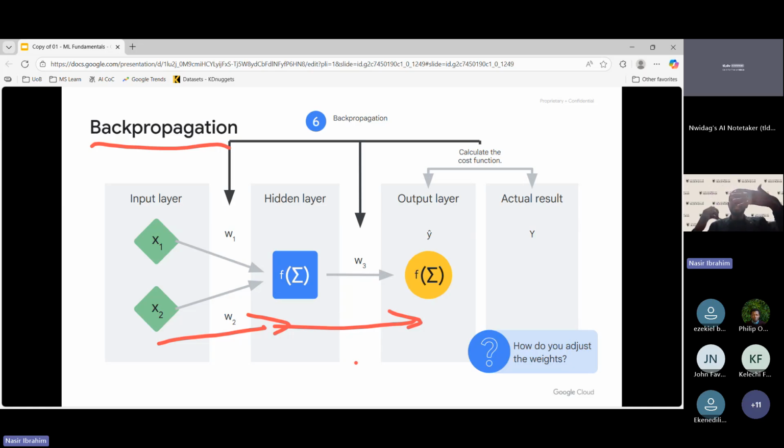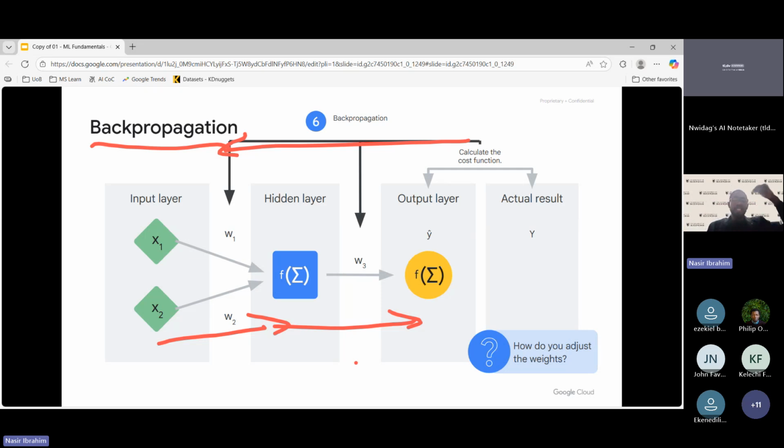Okay, but the ability of the model, after the forward propagation, to determine the cost function and to go back and change the weights, that is back propagation. So it goes back from the cost function and determines how to change the weights in order to improve the performance.